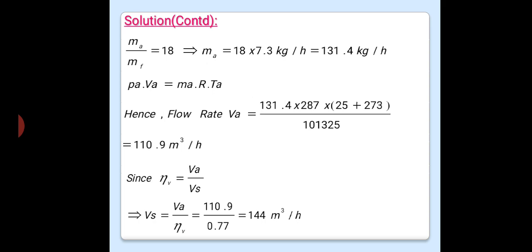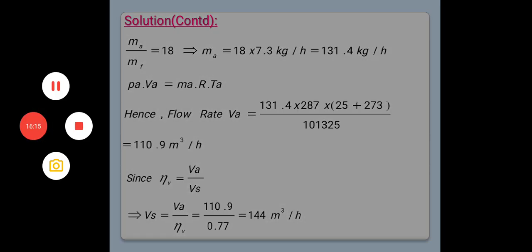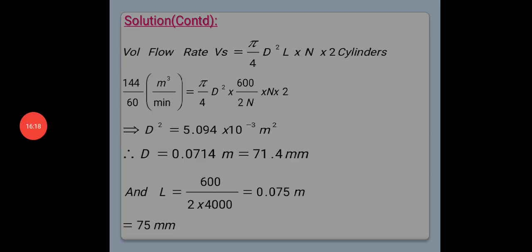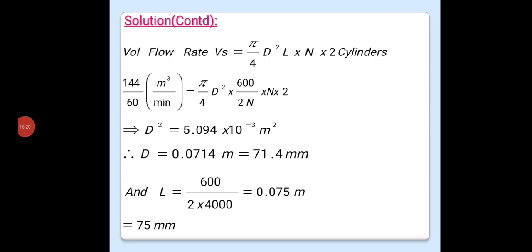After substituting the values, you got the swept volume is equal to 144 meter cube per hour. Once you calculate the swept volume, you have the relation, that is swept volume is equal to pi by 4 D square into L into N into 2 cylinder. They have mentioned the 2 cylinder engine. Now you are going to substitute the values. You are going to substitute the swept volume in meter cube per minute. So it is divided by 60.